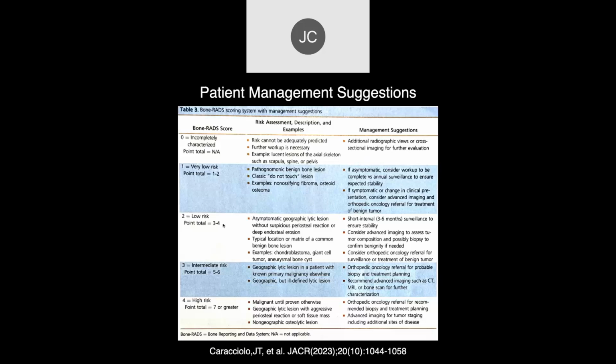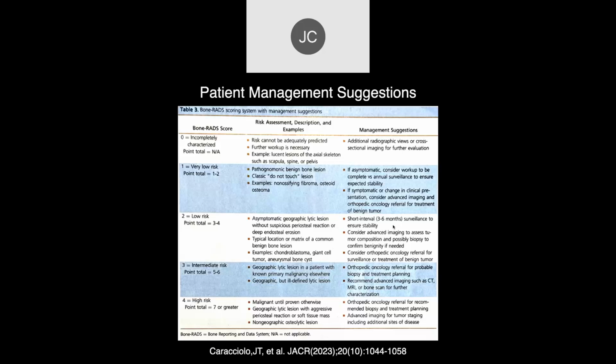Then there's the low-risk group, 3 or 4. They're typically asymptomatic lytic lesions without suspicion for periosteal reaction or deep endosteal erosion. A lot of these will have typical locations, which will be helpful. Examples are chondroblastoma, giant cell tumors, and aneurysmal bone cysts. If you see these, typically you'll get a 3 to 6 month follow-up evaluation to see if there's any growth.